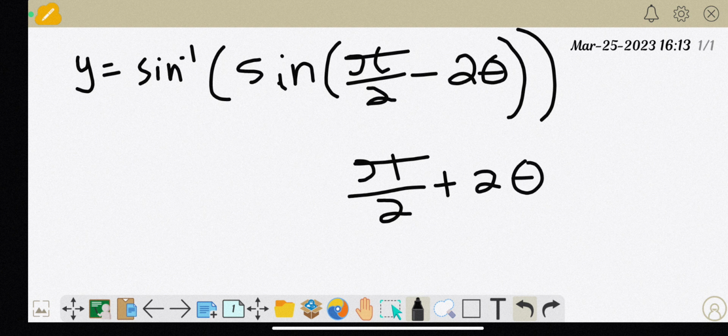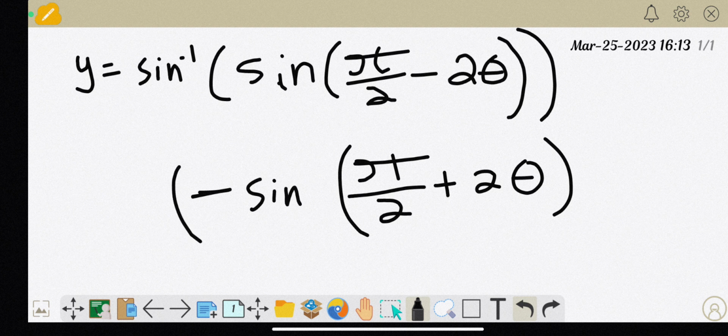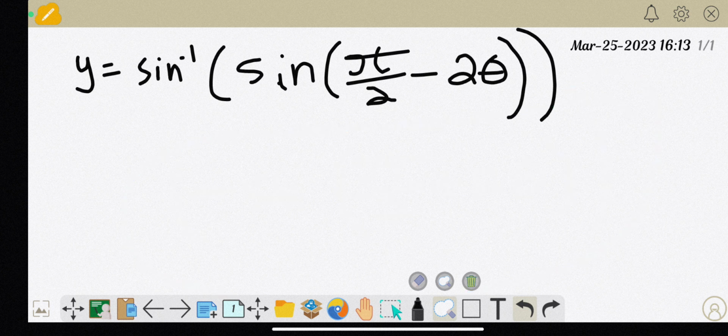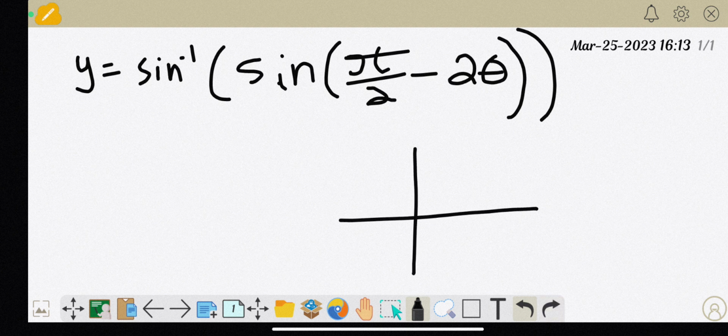But there is a problem: you have to introduce a minus sign here. Only that is the difference, the rest is all the same. Okay, so if you want I can do it in both methods also. So you understood now why I took sine of pi by 2 minus 2 theta, because in this quadrant cos is positive.